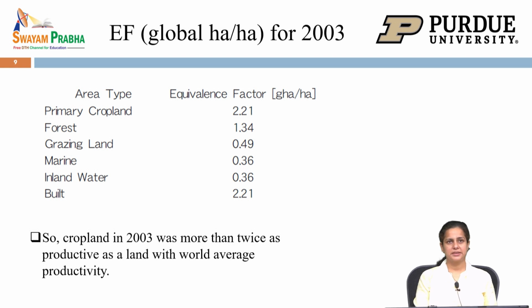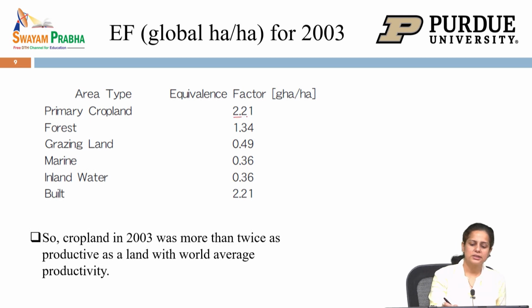So, here are some examples for 2003 from the ecological footprint, and these numbers are revised by ecologists most of the times. Here we have the primary cropland, and the equivalence factor you can see is 2.21 global hectare per hectare. One thing you would notice is that the productivity of primary cropland is more than 2 times the average productivity of the global hectare. Similarly, forest is 1.34.